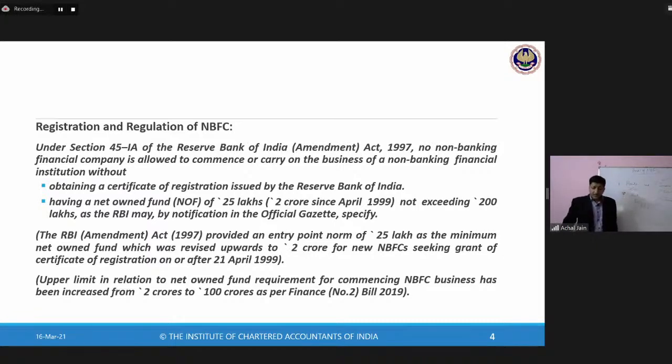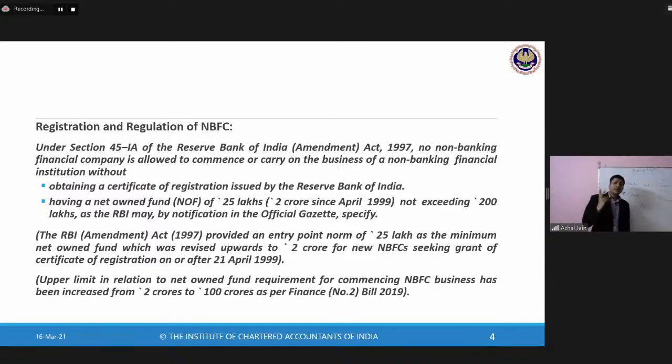So let's understand what's the requirement in relation to an NBFC. No NBFC is allowed to commence or carry on the business of an NBFC without obtaining a certificate of registration issued by Reserve Bank of India and without having a net owned fund of rupees 25 lakhs, not exceeding rupees 2 crore, as the RBI may by notification in the official gazette specify.